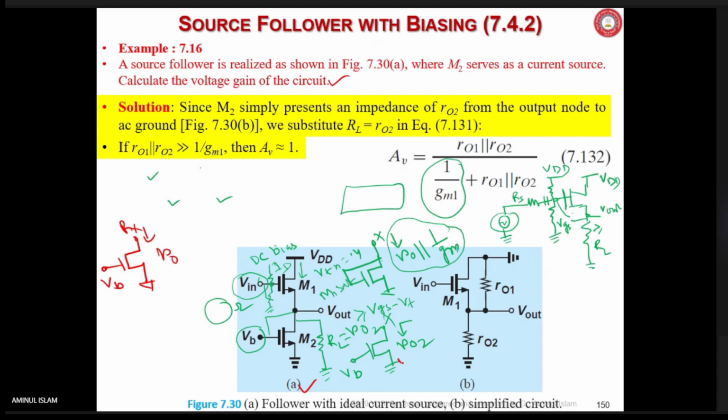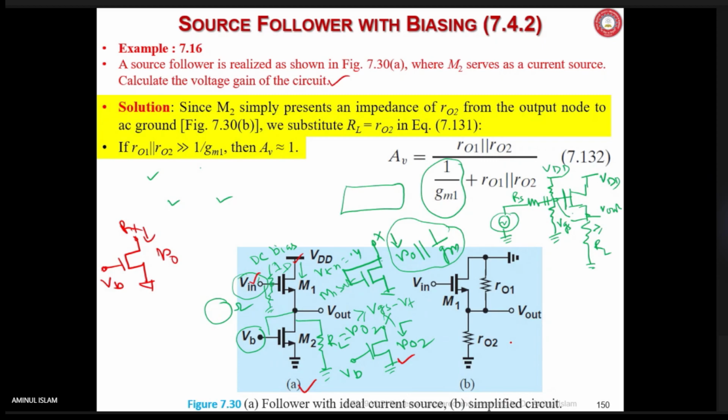So this is what I have shown here. Since the independent current source and voltage source are both grounded for AC analysis, it is going to be diode connected, and hence RO parallel 1/gm is the resistance seen by this.